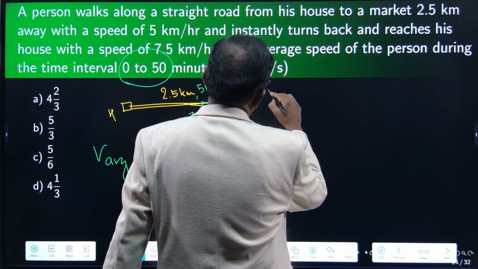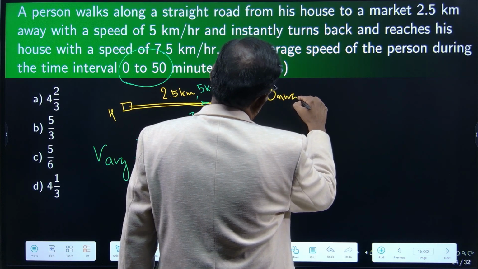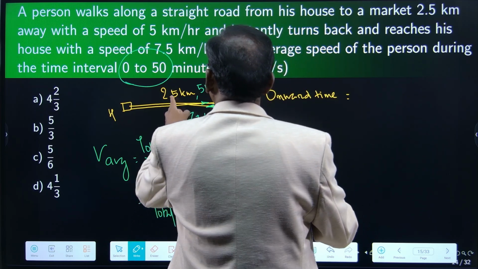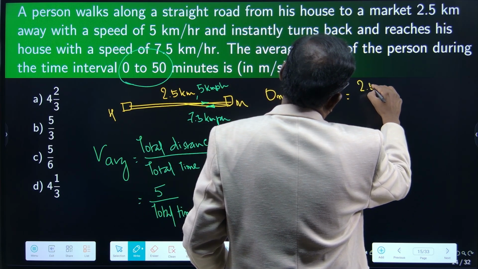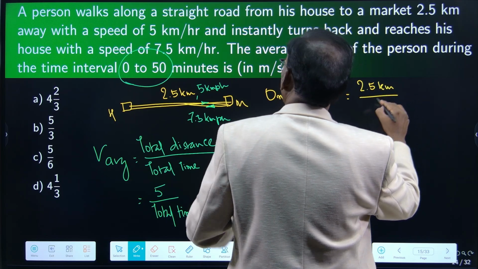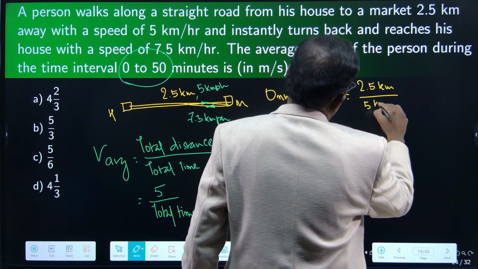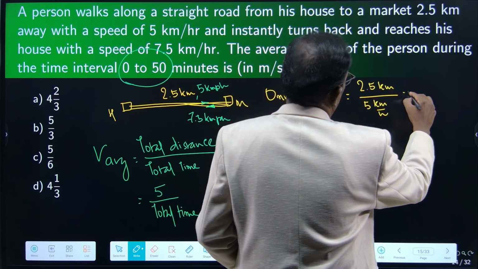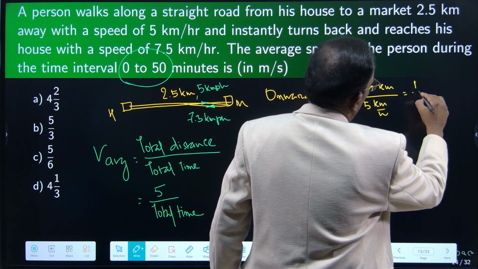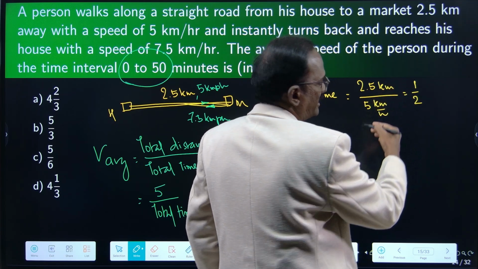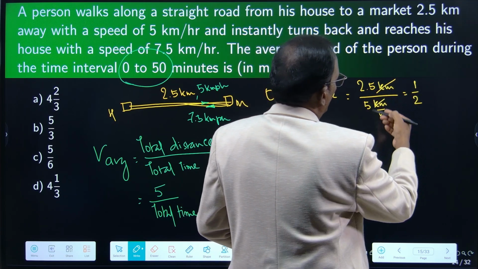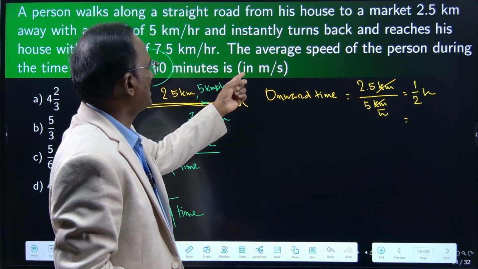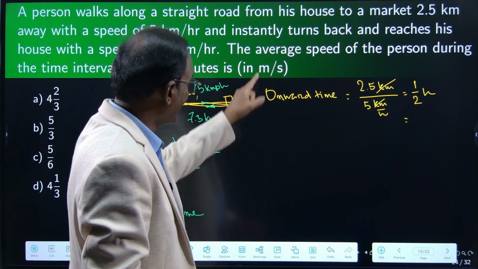Time is equal to onward time, distance in kilometers divided by kilometer per hour. 2.5 divided by 5 is equal to 1 by 2. Kilometer and kilometer will get cancelled, hour will go up. This is hour, but the answer must be given in meter per second.